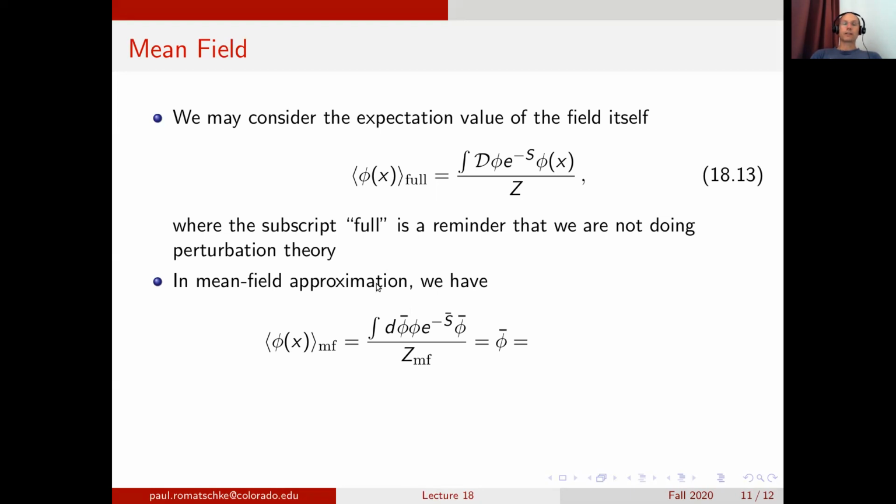So this integral here is nothing else but the mean field itself. And because the saddle point is just the minimum, we find that this is the expectation value for the one-point function.